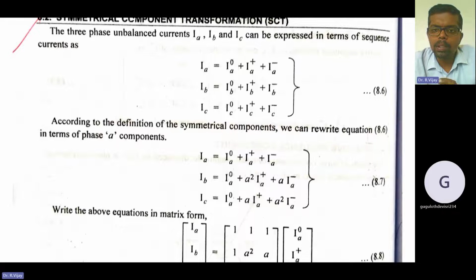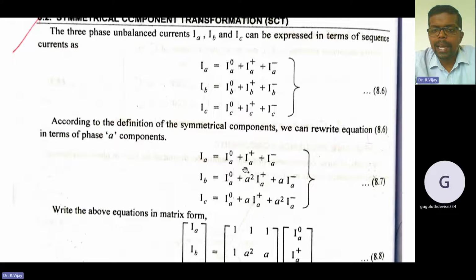According to symmetrical components, we are rewriting all these phase currents in terms of IA and the A operator. So IA is equal to IA naught plus IA plus plus IA negative. Next, IB is equal to IA naught plus A squared IA plus.